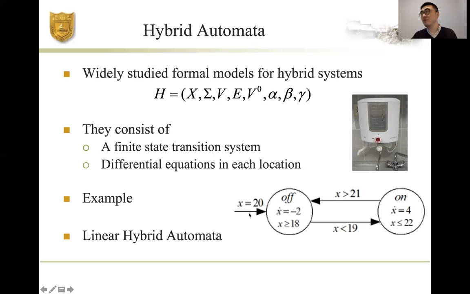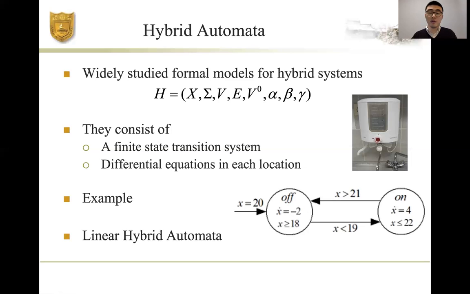So x here is a continuous variable, and the initial value of x is 20. When the heater is turned off, the temperature of the water may go down according to this differential equation, like dx/dt equals -2. Okay, so here x dot equals -2, we call it a flow condition.